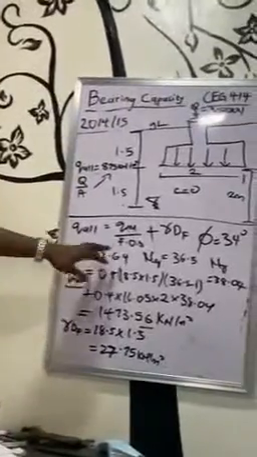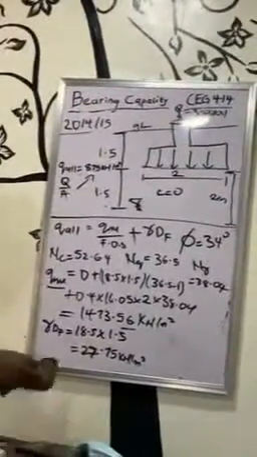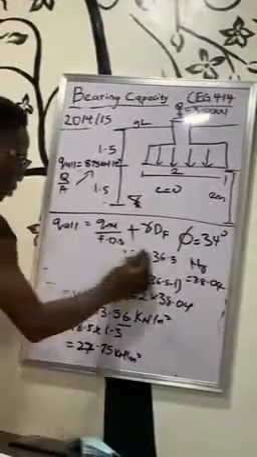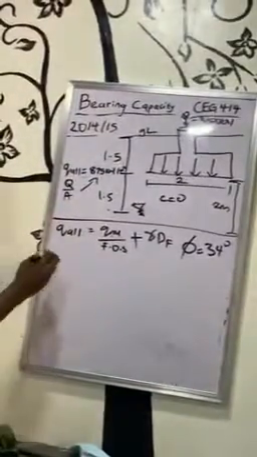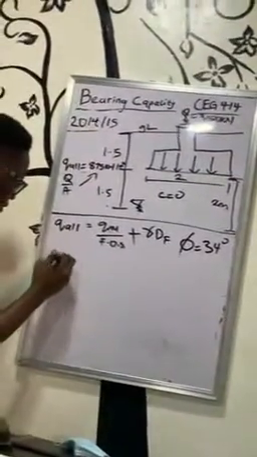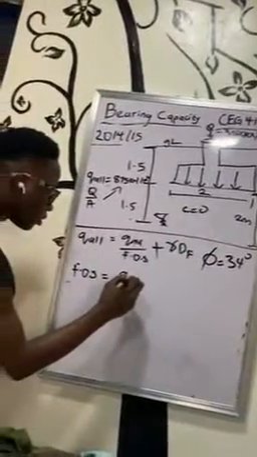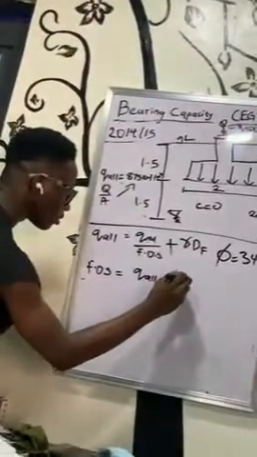So when you look for our factor of safety, just substitute and get the expression for factor of safety. Our factor of safety, FOS, will be given by Q minus gamma DF over QNU.